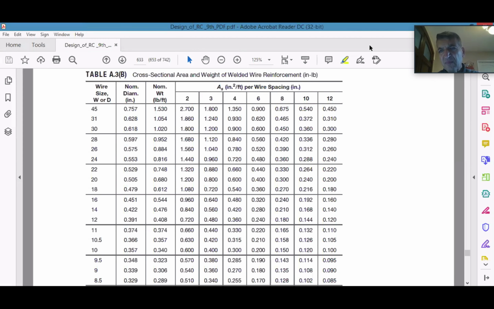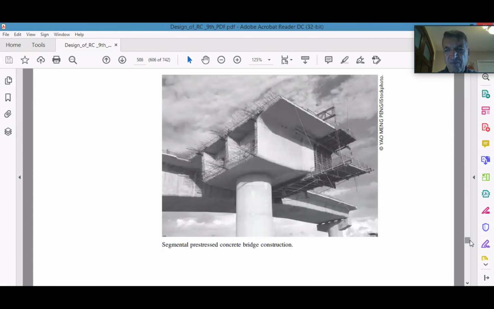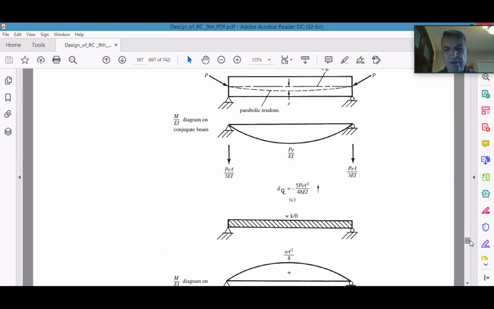So let's spend a couple of minutes on these tables, so we can address them. This is from the back of the book, okay? This is from the back of the book.